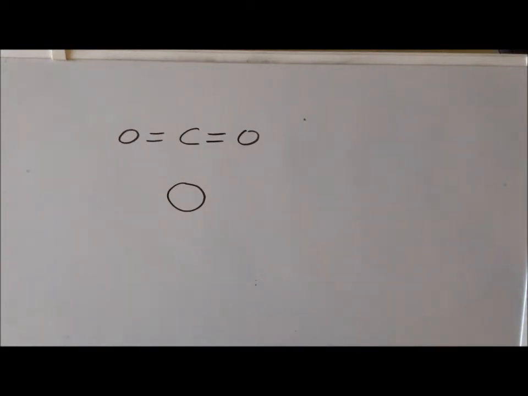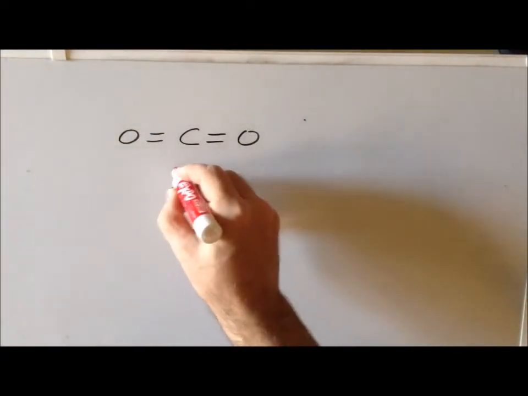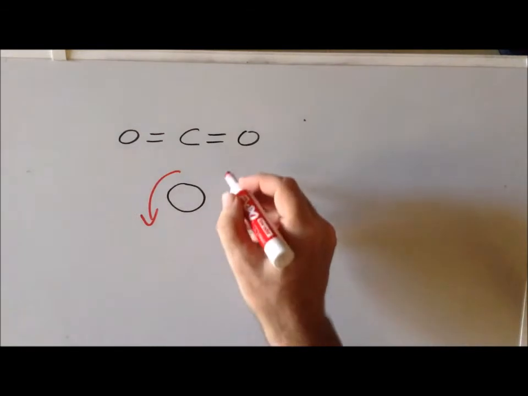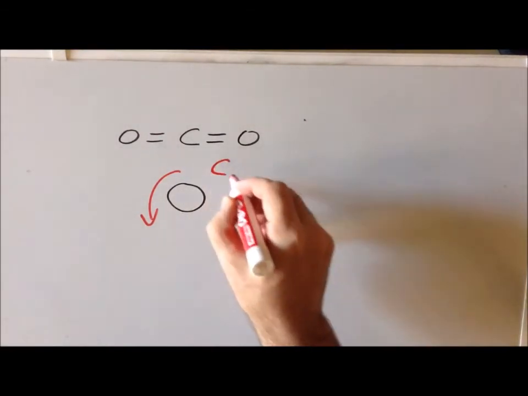In that case, we have a slightly different way of describing the rotational axis. Since I can rotate it by any number of degrees and a circle will still look the same, we have a symmetry element which we call the C infinity.